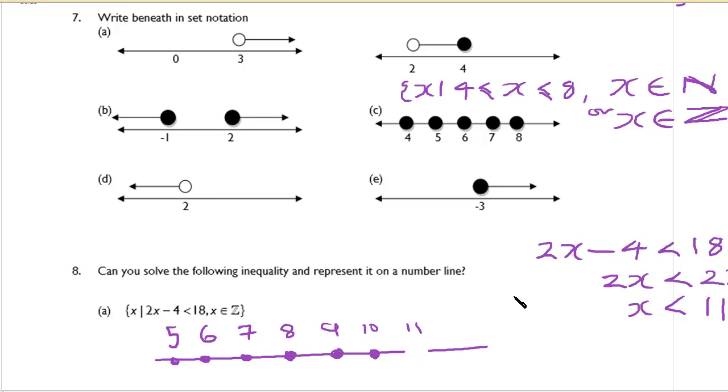I'm just going to draw it back in again, fill the line in. We didn't want to include 11. In fact, you could get away with putting an empty circle at 11 to indicate that was our boundary value that we were dealing with. So this is all the numbers less than 11, and we're going to continue going this way, forever. There is no lower bound, we've just got an upper bound.